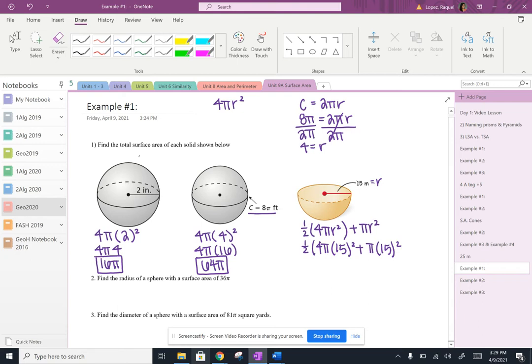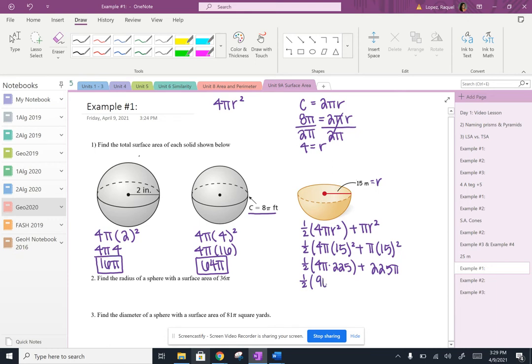So 15 squared is going to be 225. So I have 1/2 times 4 pi times 225 plus 225 pi. Okay. We're going to multiply everything inside parentheses by that 4.